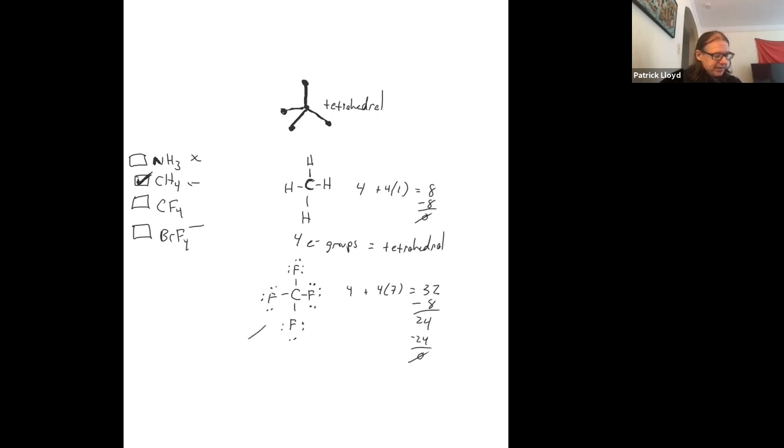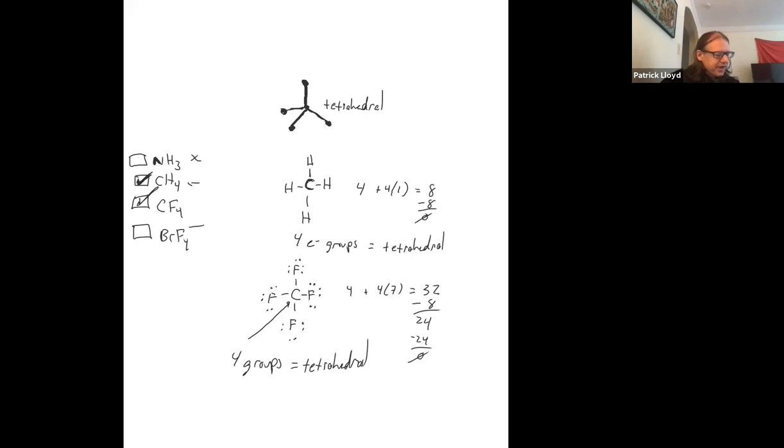So again, 4 groups, right? A single bond is a group. There's 4 groups there, so that's tetrahedral. Good. So that one is also tetrahedral. So you're looking at the picture, you're looking at the model, identifying what shape that looks like. Then you're going through the Lewis structures and determining the VSEPR structure.